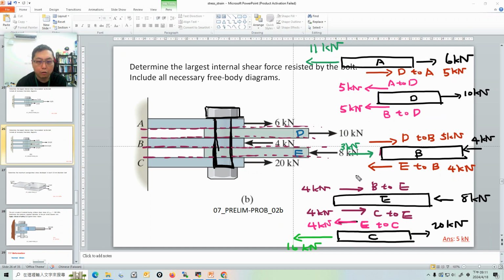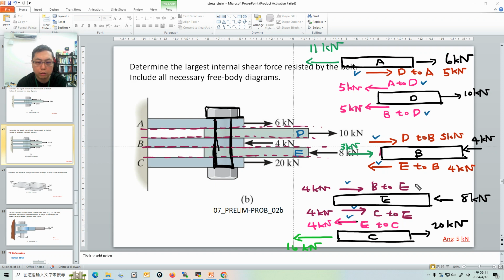Okay, the problem is to determine the largest internal shear force. Let us see what shear forces we have. This is a shear force, this is a shear force, and so on.